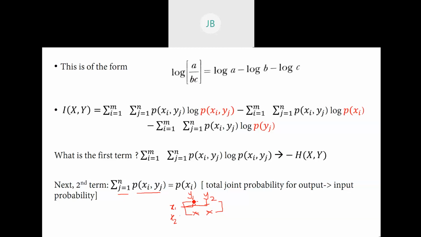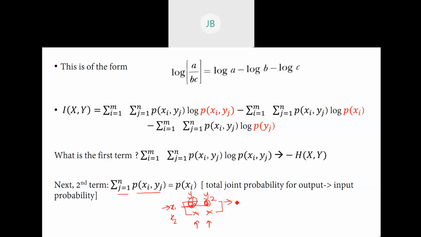We are shifting from this column to the next column for a common row i. The row is common here, for example this row. That means when you add up this value here and the value here, what do we get? We get the probability of xi, right?